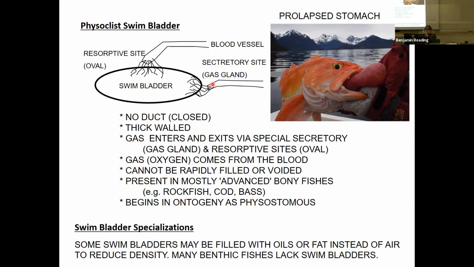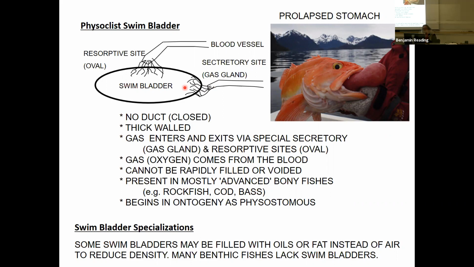There is this gas gland that literally secretes oxygen gas in here. This swim bladder is filled with molecular oxygen that's been extracted from the blood. Now, if you recall, when I talked about respiration, I talked to you about the Root and Bohr effect.